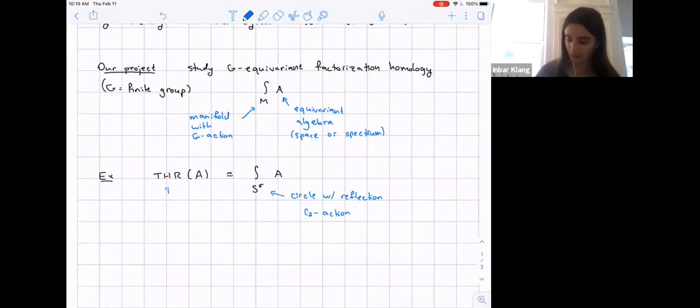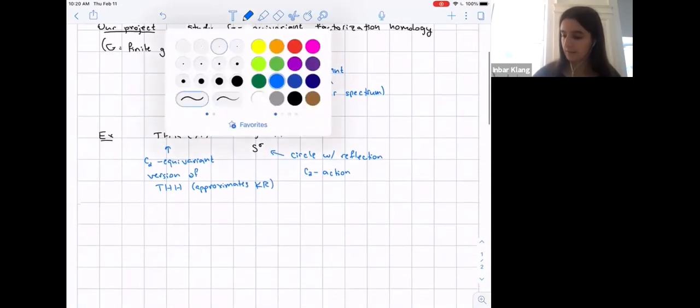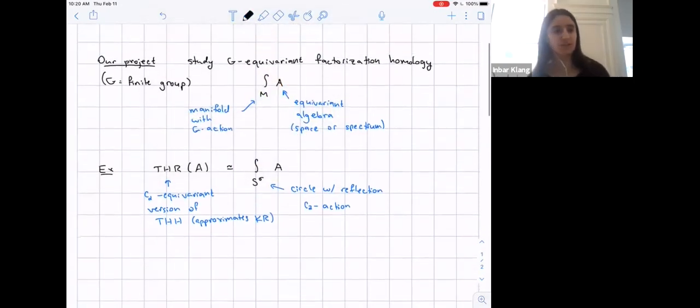So THR, real topological Hochschild homology, is a C2 equivariant version of topological Hochschild homology, and it approximates real K theory.